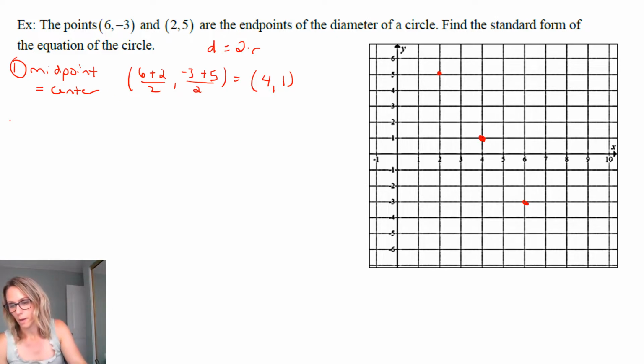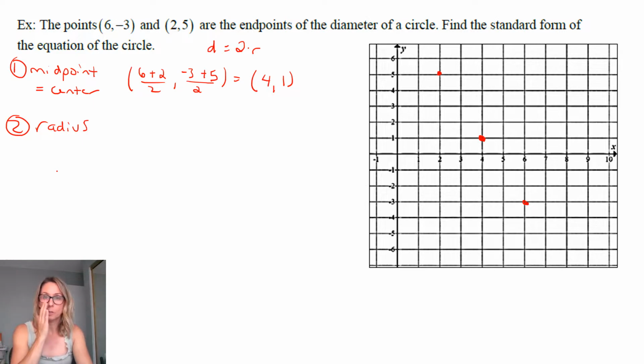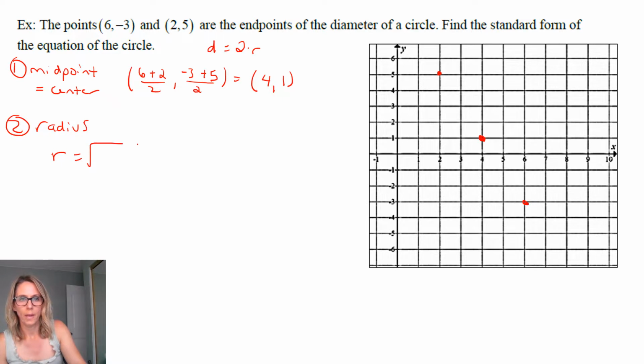So that's our center. So that's great, we're halfway there. And then we still need the radius. But remember, the radius is just a distance from any point to the outside of the circle. So you need 2 points: the midpoint, which is the center, and either of the other 2 points.